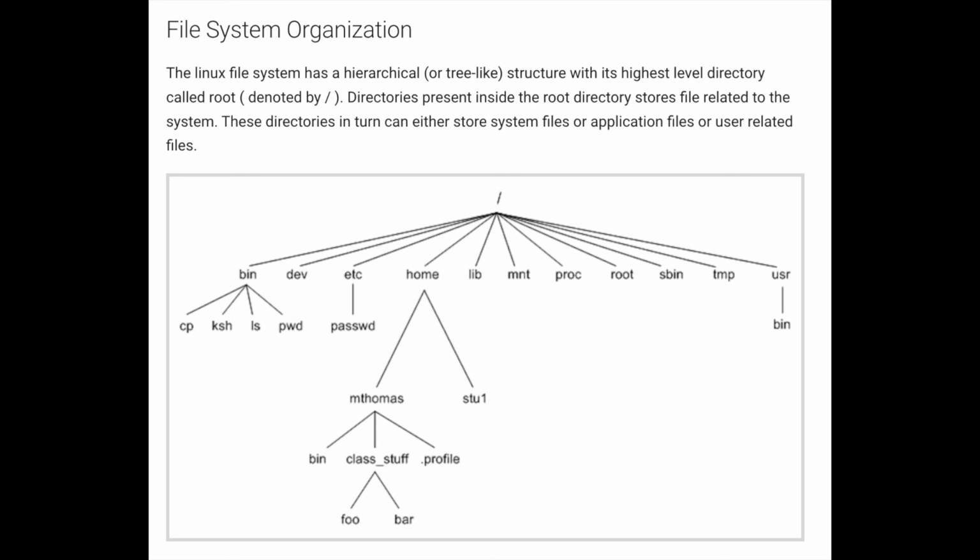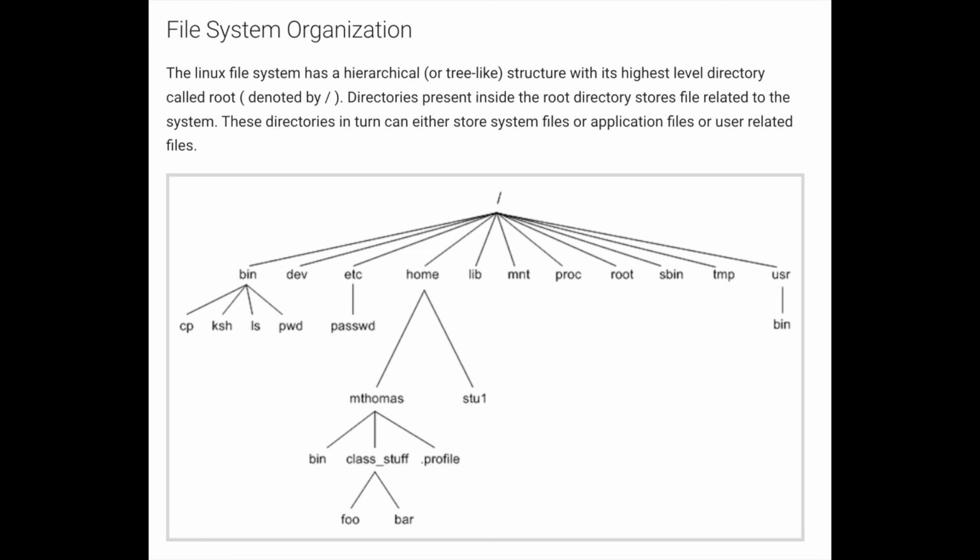The /bin directory consists of all the binary executable files, which are usually used as commands, for example cp for copy, ls, pwd, etc. Then there is /dev, the device directory, which consists of all the attached devices.